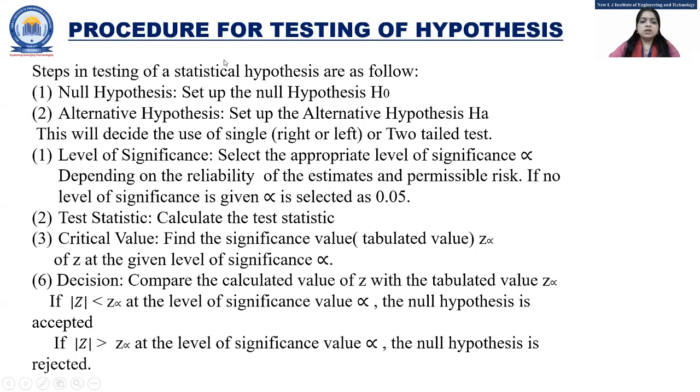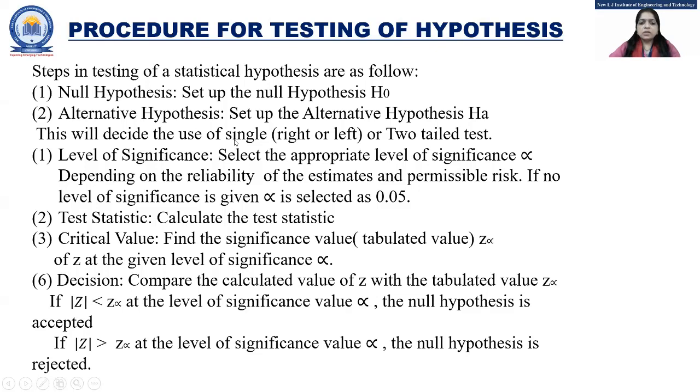Here is the procedure for testing of hypothesis. Steps in testing of statistical hypothesis are as follows. Number 1, null hypothesis. Set up the null hypothesis H0. Next, number 2, alternative hypothesis. Set up the alternative hypothesis HA as we already discussed.